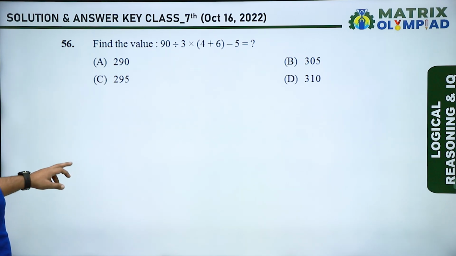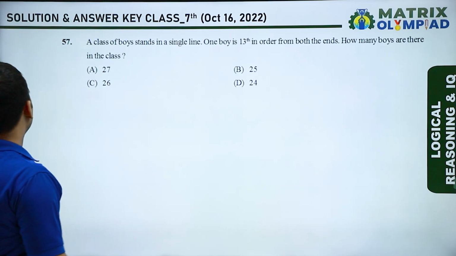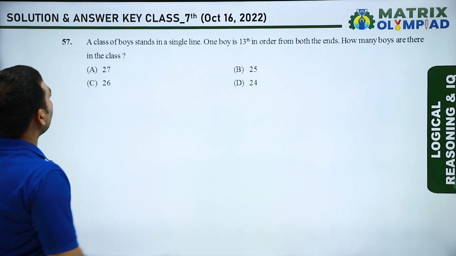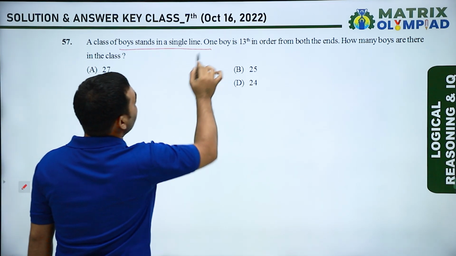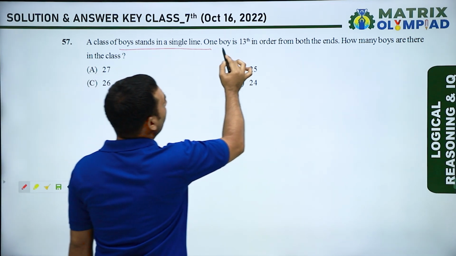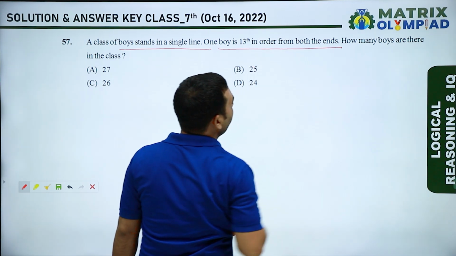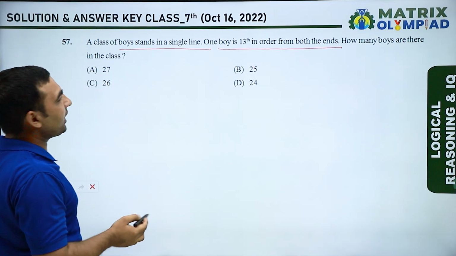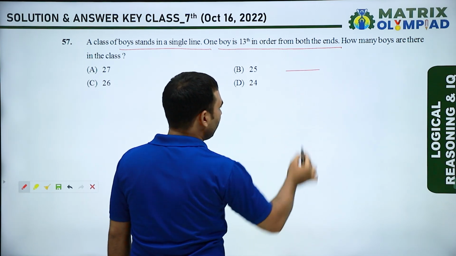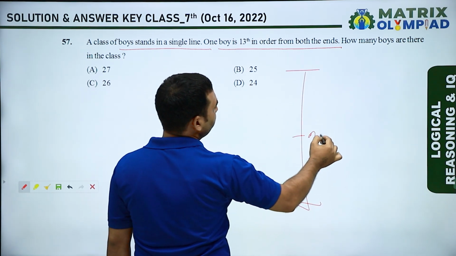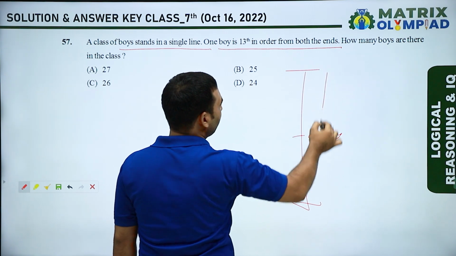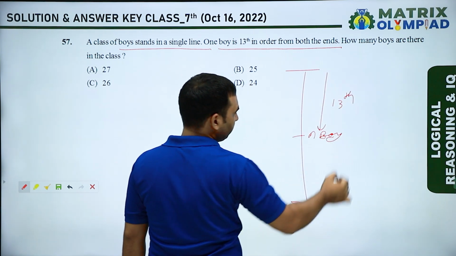Next question is 57. A class of boys stands in a single line. One boy is 13th from both the ends. How many boys are there in the class? If we see an example, a boy that is 13th from both the ends.